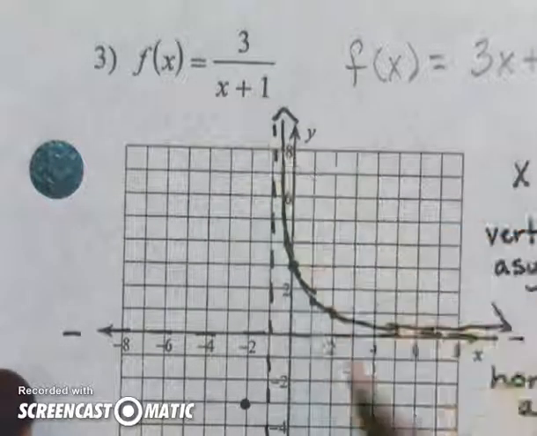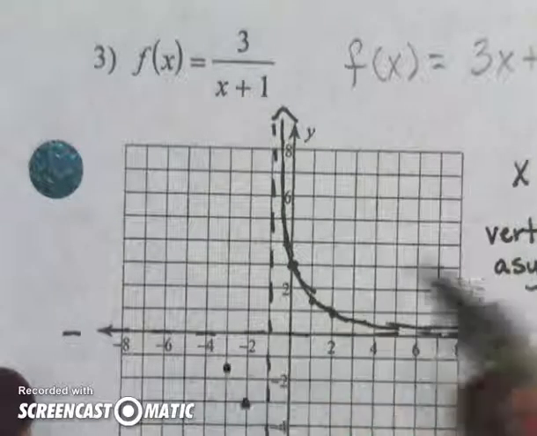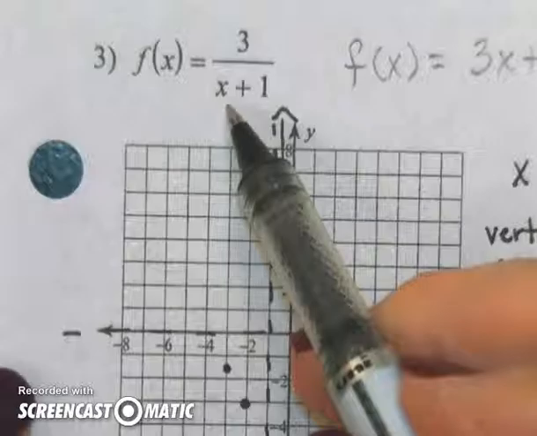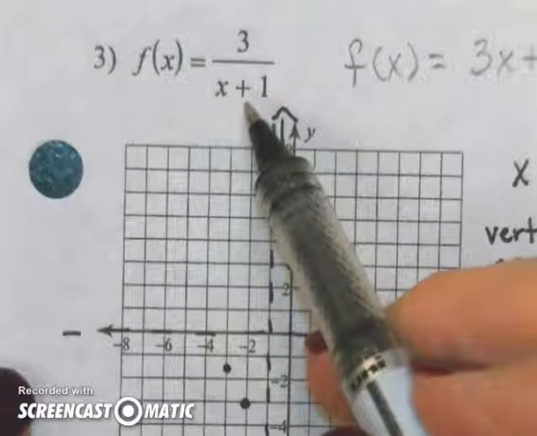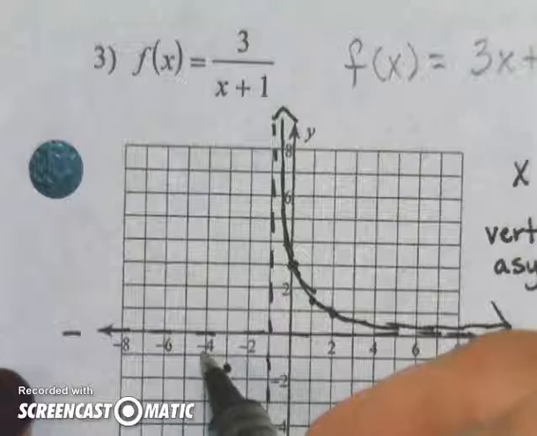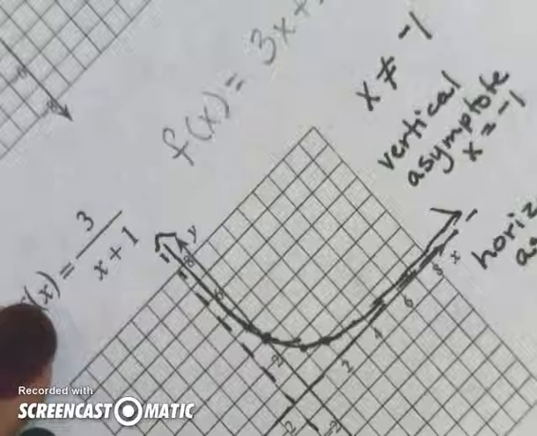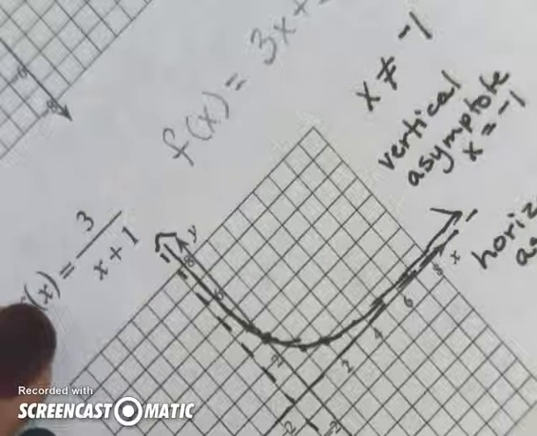So 3 over -2 is -1.5. If I put in -4, I'm going to get -3, which is 3 over -3, which is -1. And again, I can see how my graph is going, and I'm going to sketch it.